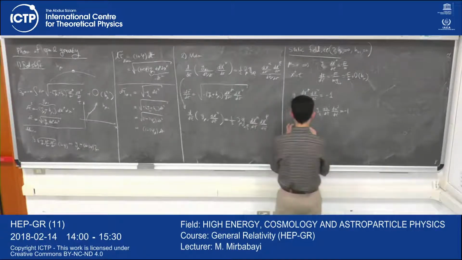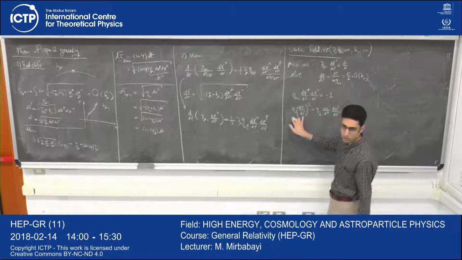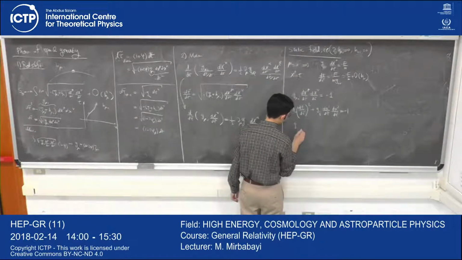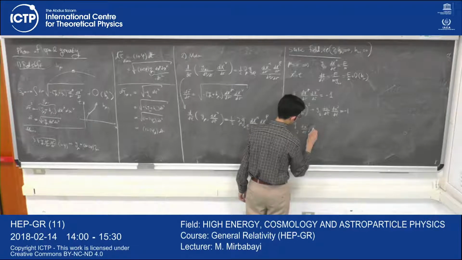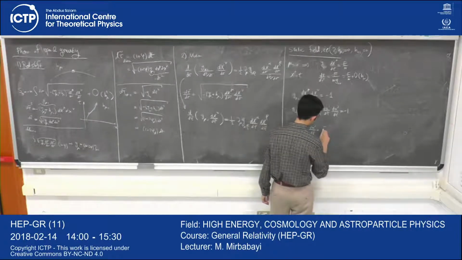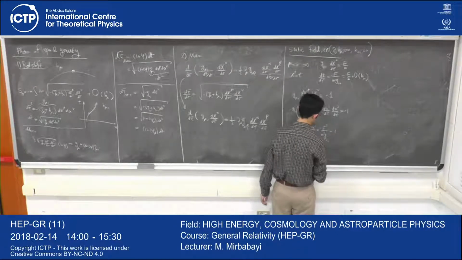So if I use this expression for dt by d tau tilde, what I get is delta ij dx i d tau tilde dx j d tau tilde equals E squared over m squared g00 minus 1.